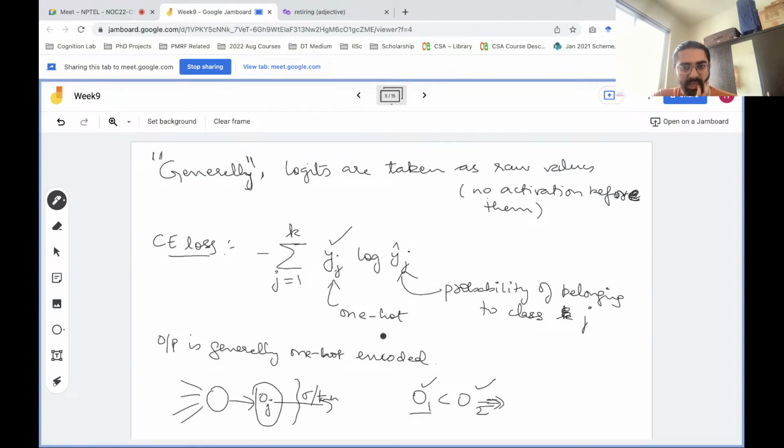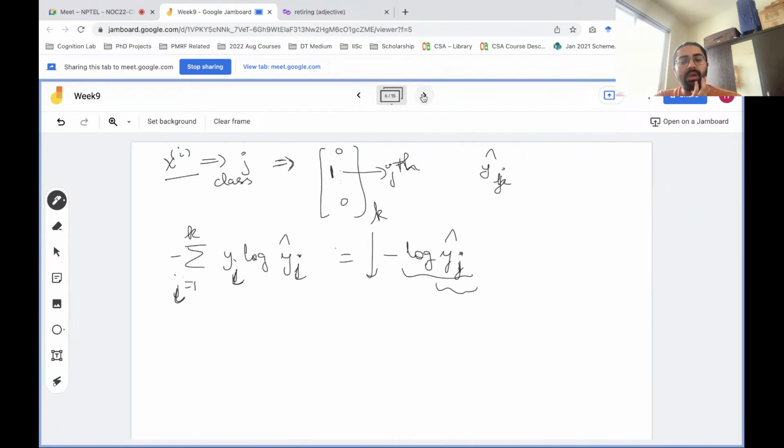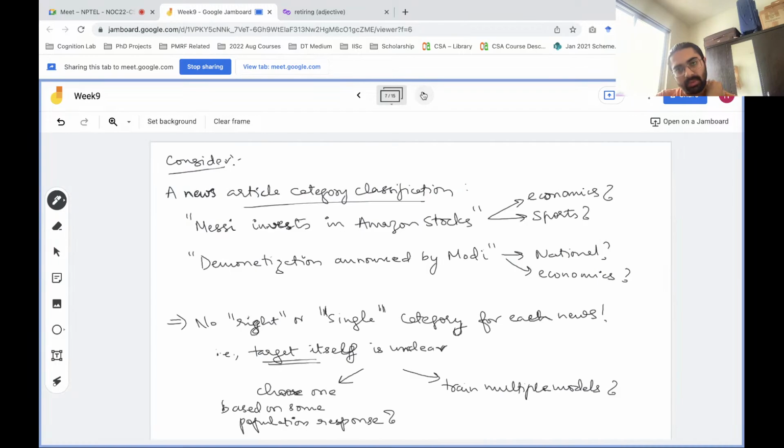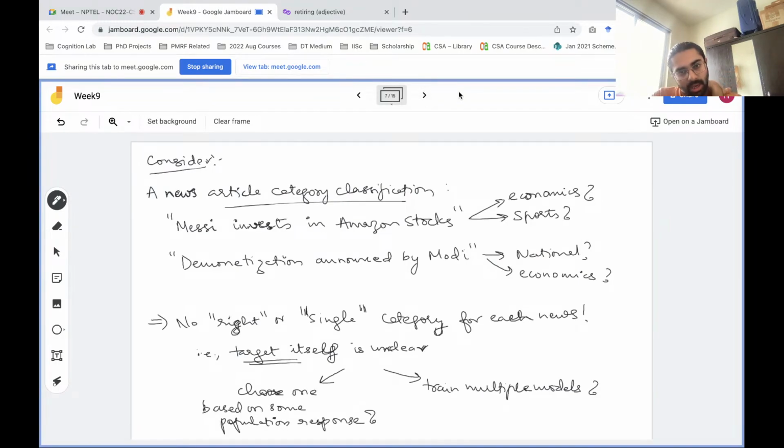So as I said, it's generally not encoded. This works well for a while, but we have certain conditions and problems. For example, let's say I have a problem of news article category classification. Let's say I have some news like this: Messi invests in Amazon stocks, or the demonetization given by Modi.